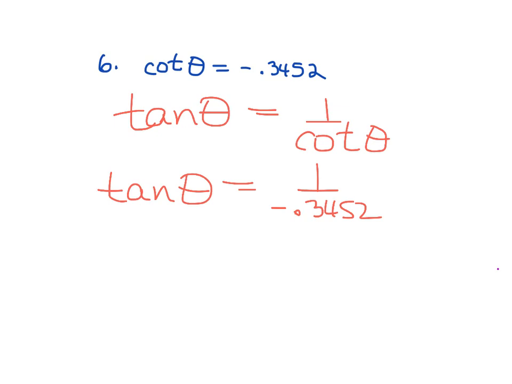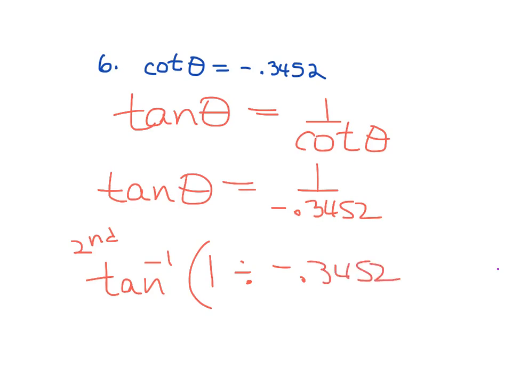So here I'm going to hit the second key. So I get tan negative 1. And when I key it in, 1 divided by negative 0.3452, close parentheses, and we should be getting, let's see, we're going to get negative 70.96.